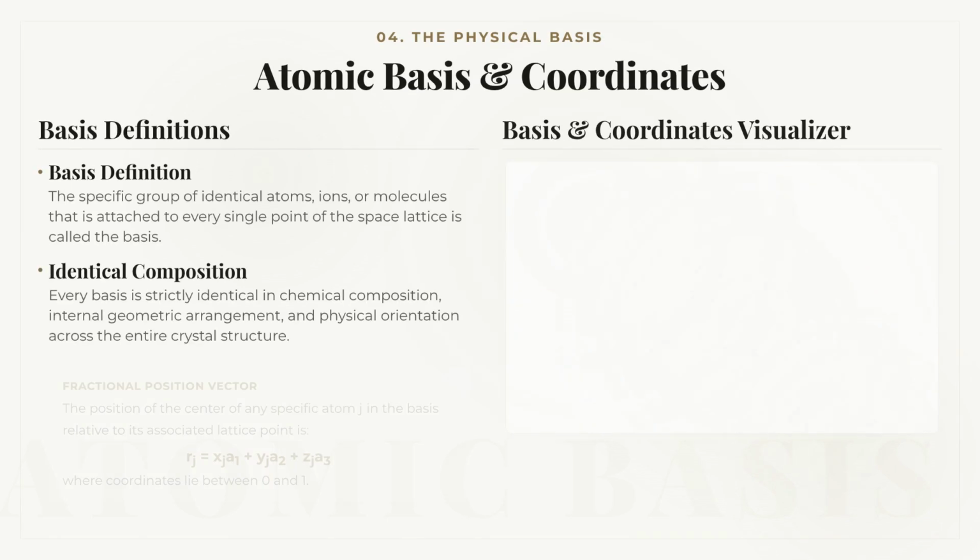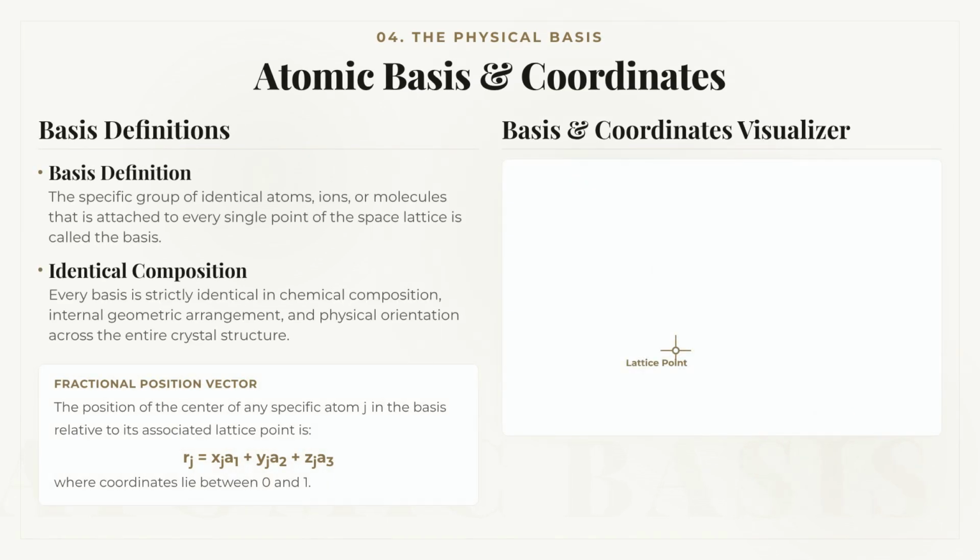Next comes the basis. The basis is the group of atoms, ions, or molecules attached to each lattice point. Every basis in the crystal is identical in composition, arrangement, and orientation. The basis gives physical meaning to the mathematical lattice. In other words, the lattice tells us where the repeating points are, and the basis tells us what is attached to each point.